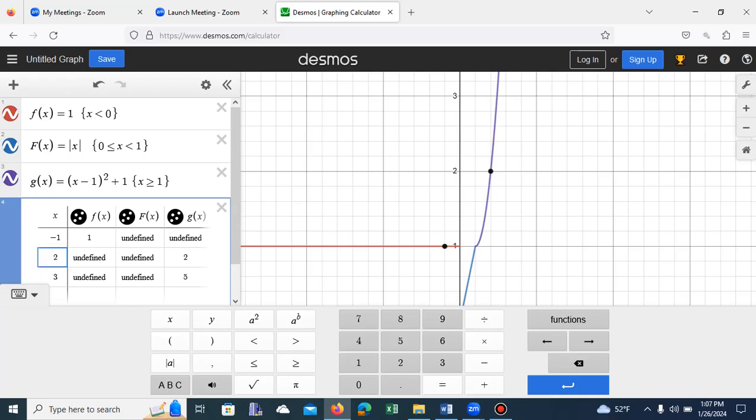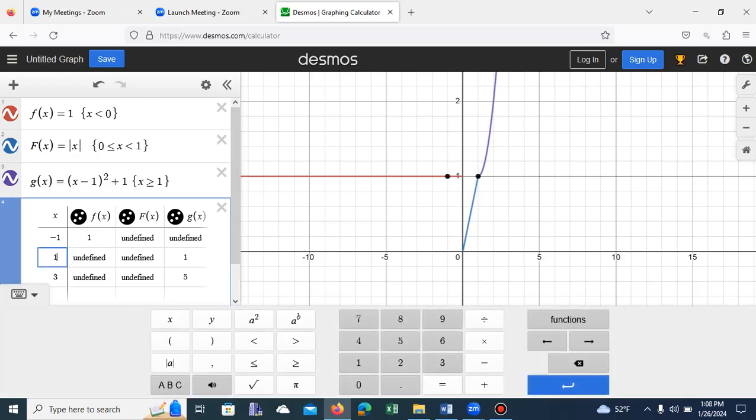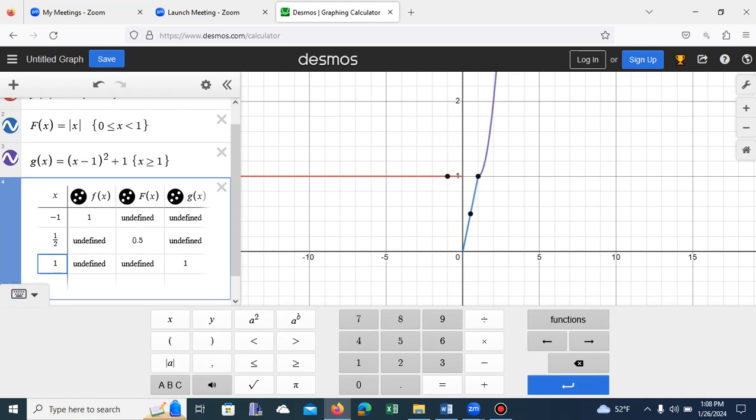We can do, let's see, x equals 1 as well. We see it's the last one. Actually, I want to do a point between them. So let's do 1/2. And so we see what these points are.